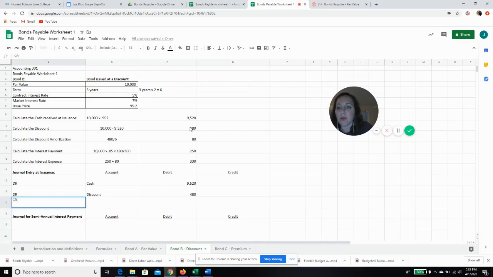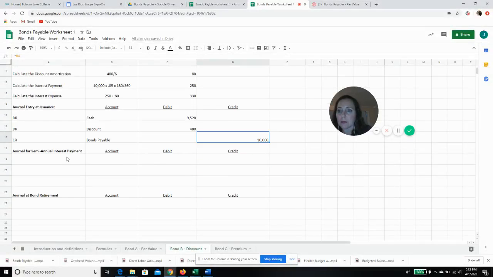And then we're going to credit bonds payable for par value. Remember, every time we impact the bonds payable account, it is always at par value. So now our debits equal our credits. The cash we received plus the discount equals $10,000, which is the amount that we're crediting bonds payable.